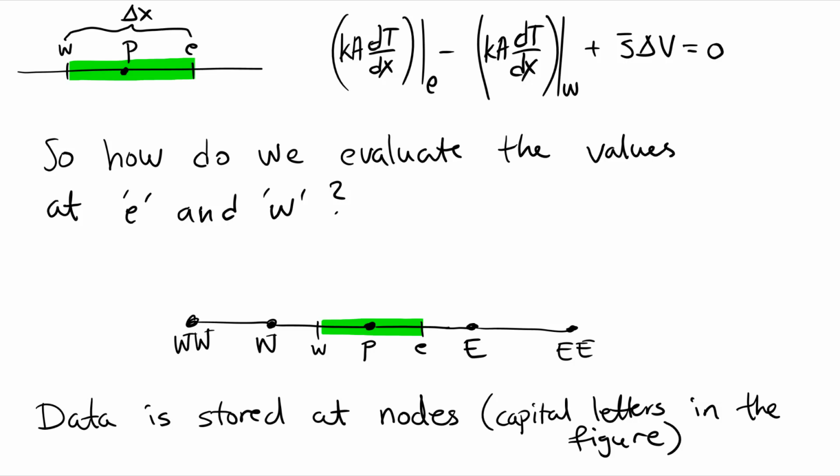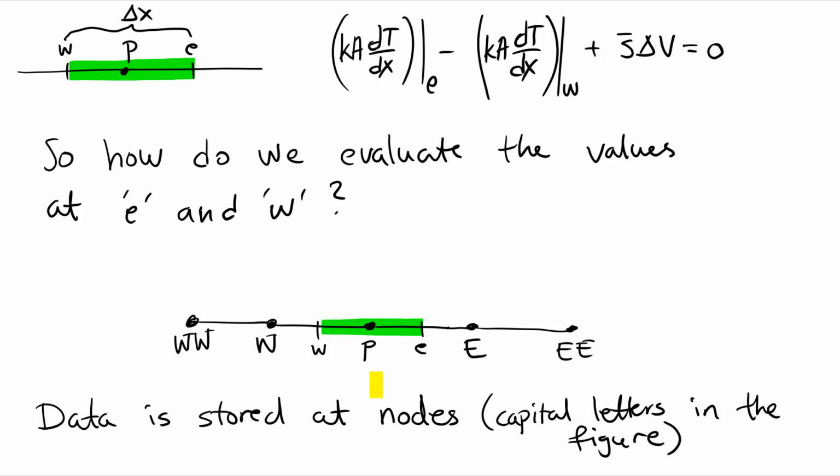We can extend this one-dimensional domain a bit to have a look at what neighbors we do have. Normally we name the neighbors or the nodes with capital letters, and small letters for the surfaces of the control volumes.